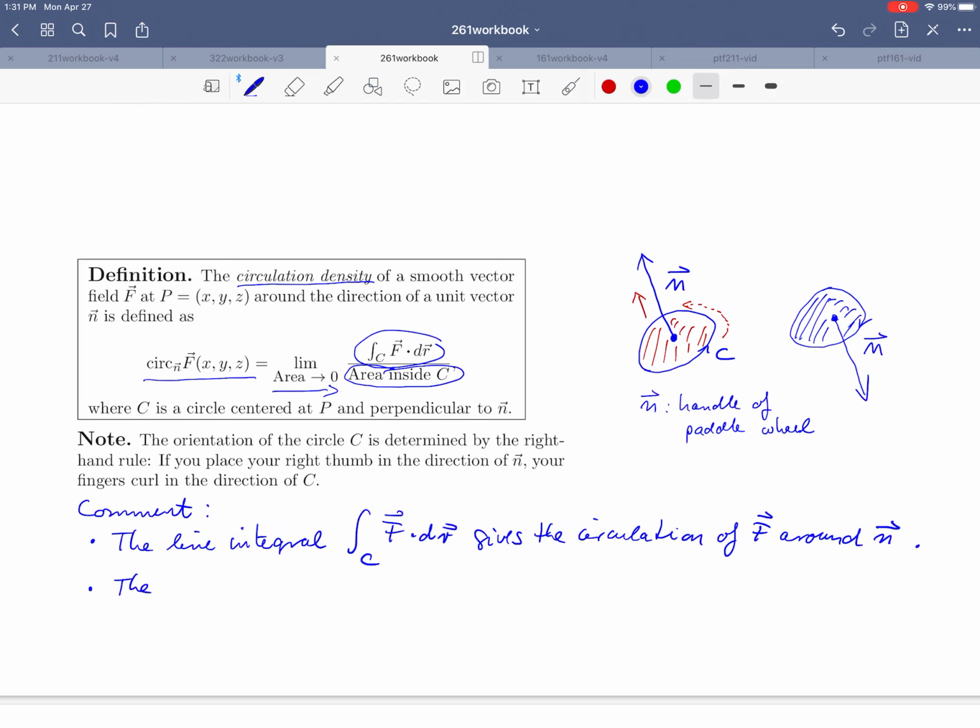So the quantity circ sub n of f, so circulation density, measures the circulation per unit area around n.